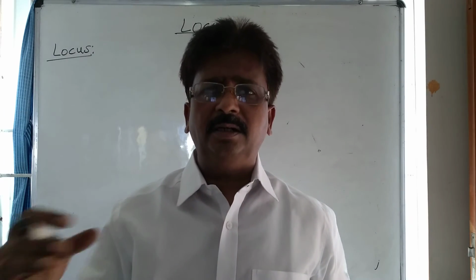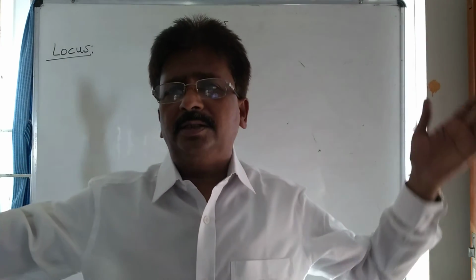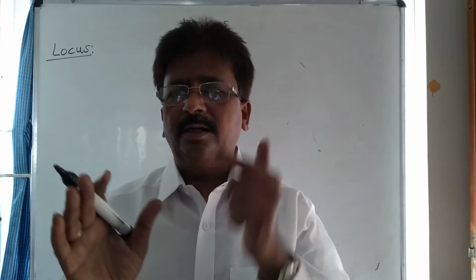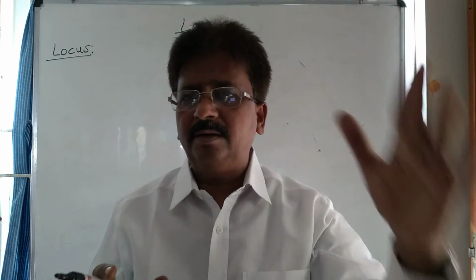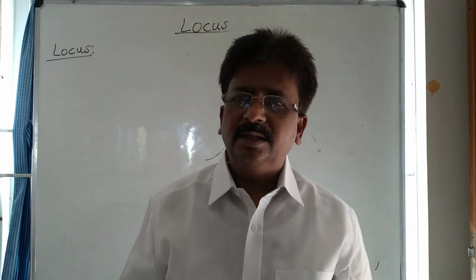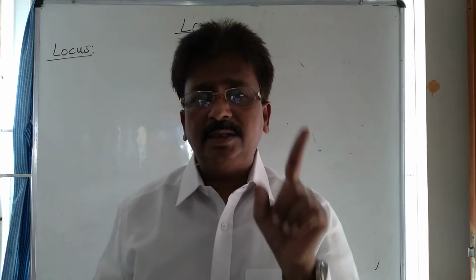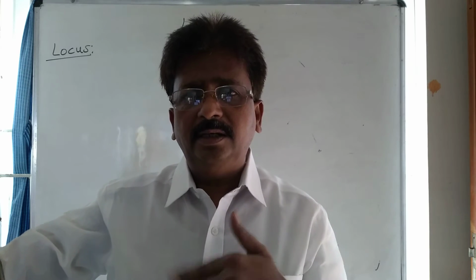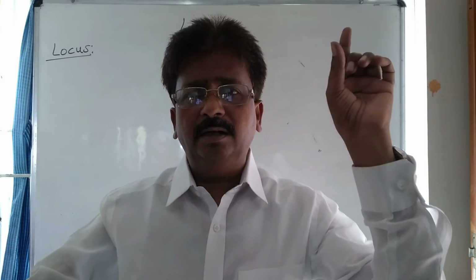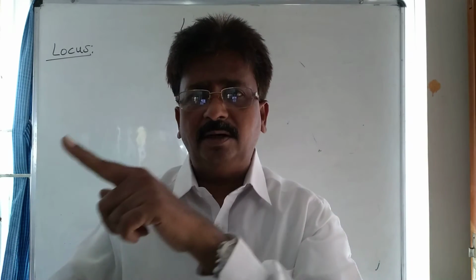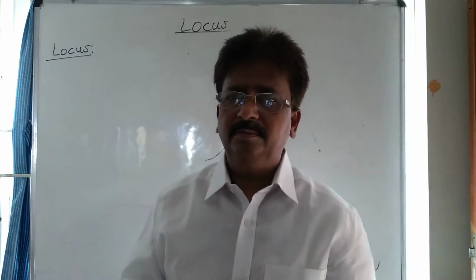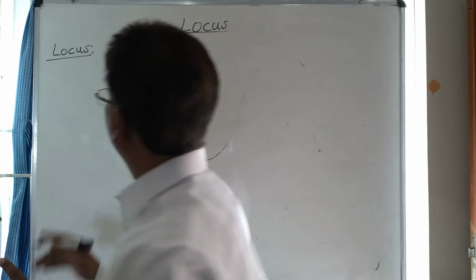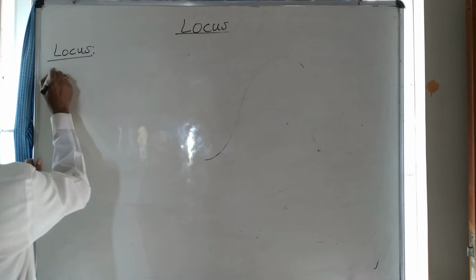Condition, rule, property, all are synonymous words. So the locus is the set of points which satisfy a given geometrical condition. I will write the definition. First definition, Definition 1.